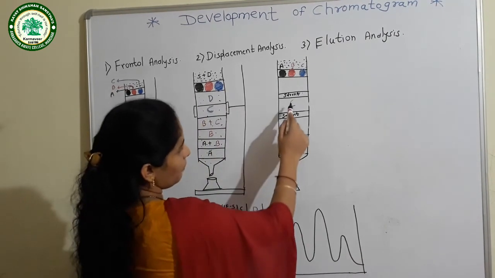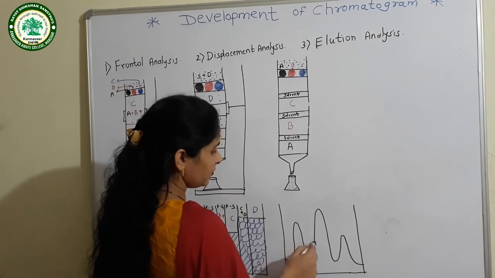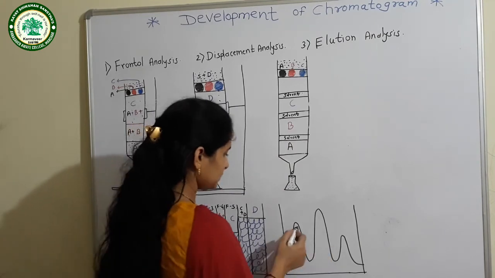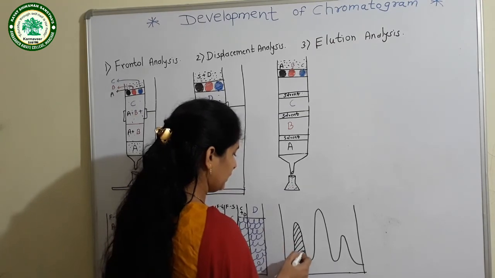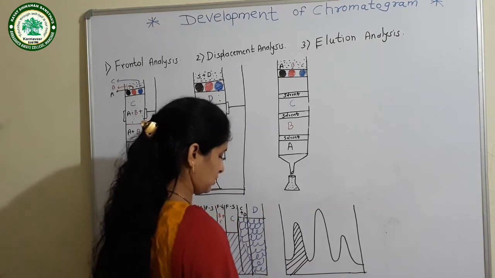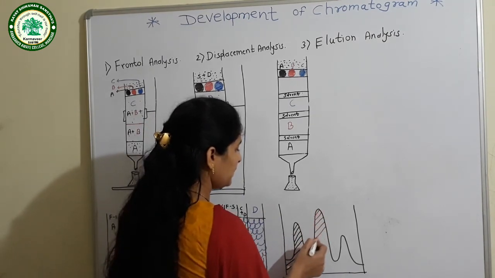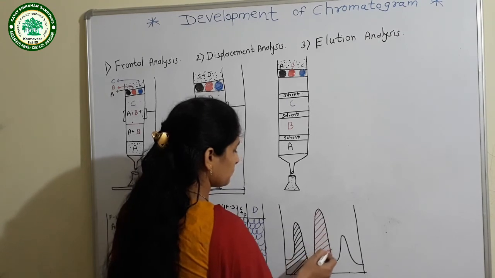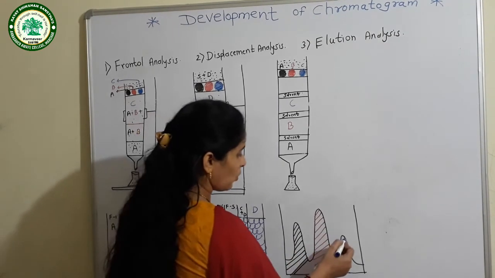As all the components are well separated from each other, it is graphically shown like this. This is what? Component A. This is what? Component B. This is what?